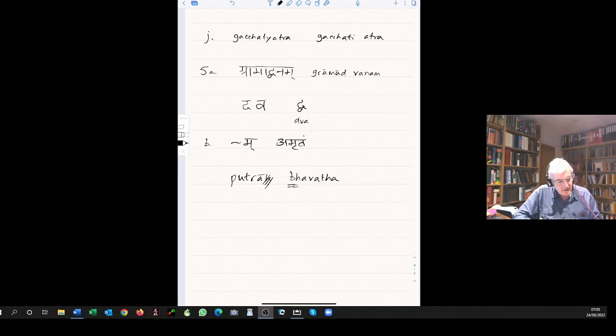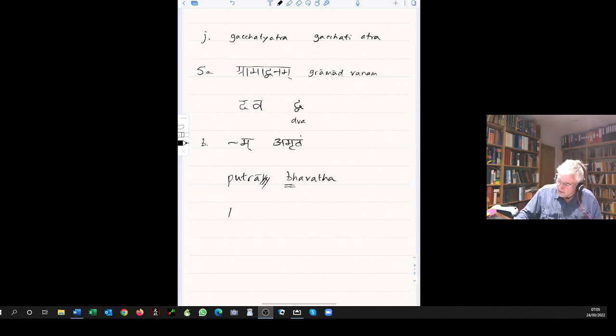Katham acharya suktani smaranti, how do the teachers remember the suktas? The only sandhi that you would put in this sentence, if you're writing it in Devanagari with sandhi, is, you see, in Roman we have katham acharyah.